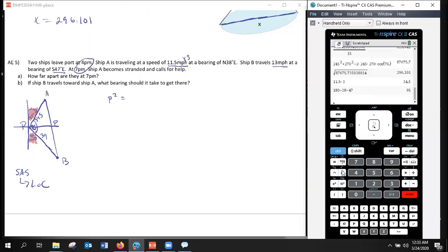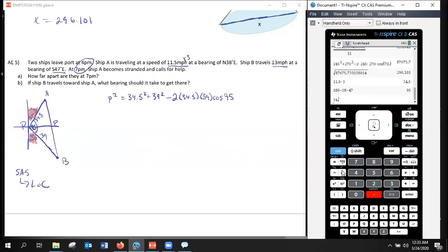So P squared would equal the other two sides squared. So 34.5 squared plus 39 squared minus double the product of those two sides, that's 34.5 times 39, and the cosine of the included angle. So the cosine of 95 degrees.